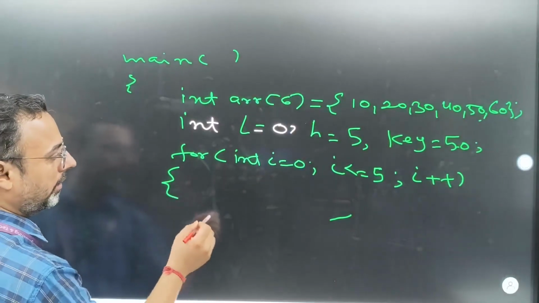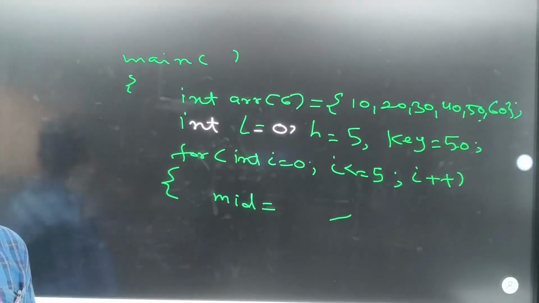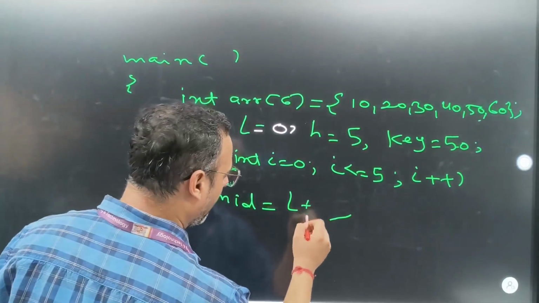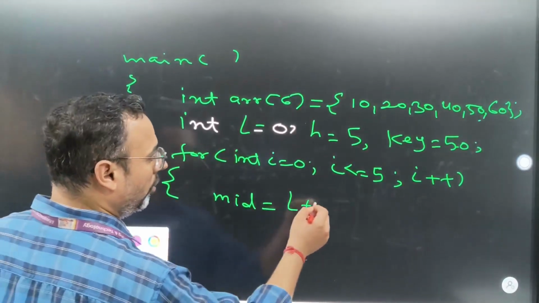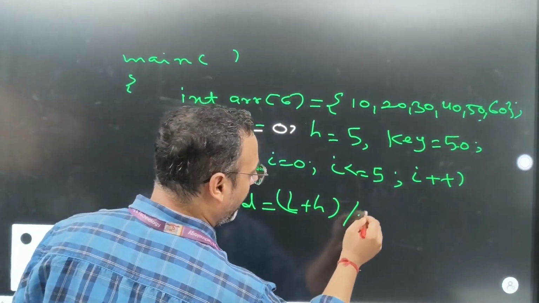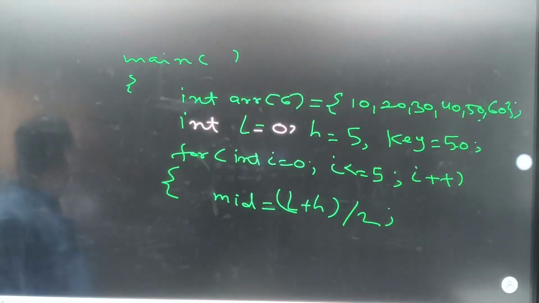In this loop, firstly find the value of mid. So mid value is low plus high divided by 2. Okay, this is the formula of mid.